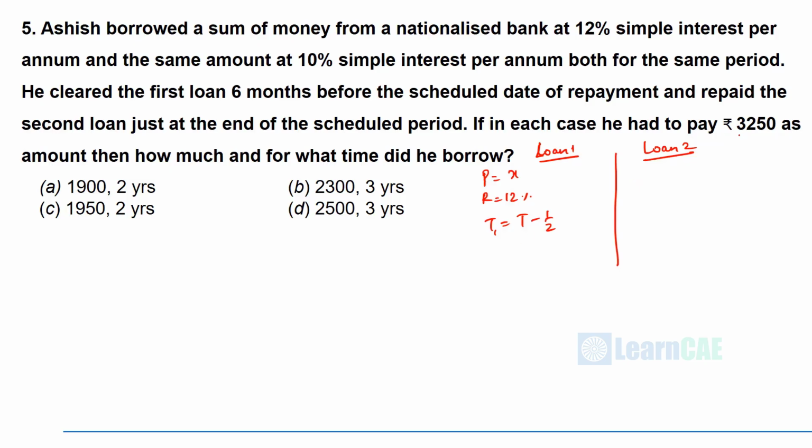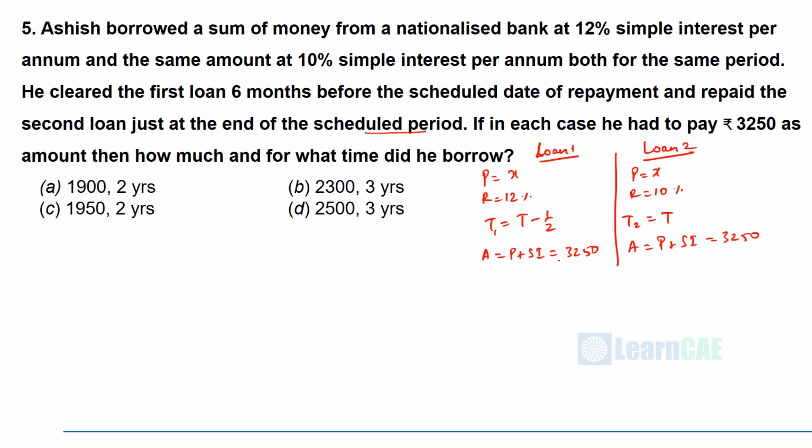And the total amount paid is 3250, which is principal plus simple interest. In the second case, the principal is the same, the rate of interest is 10%, and the time period is the total time as per the scheduled date of repayment. This is T and the amount is the same, that is principal plus simple interest is equal to 3250.